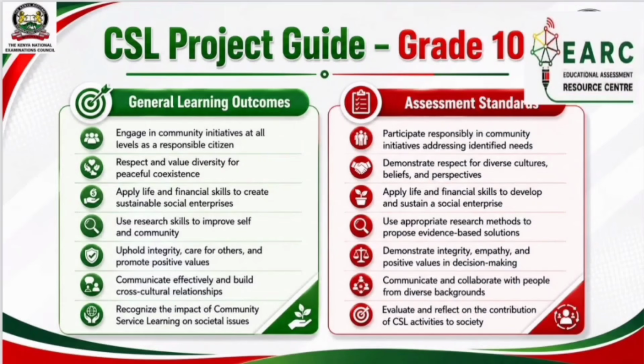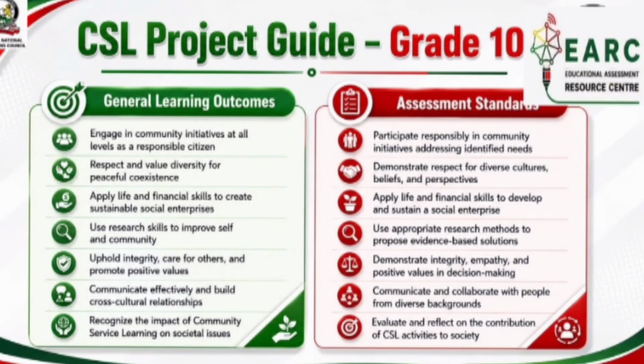These skills must help sustain a social enterprise, use appropriate research methods, propose evidence-based solutions to problems, demonstrate integrity, empathy, and positive values. These values must guide their decision-making process, communicate and collaborate with others, work with people from diverse backgrounds, evaluate and reflect on their contribution, which includes assessing the impact of CSL activities.